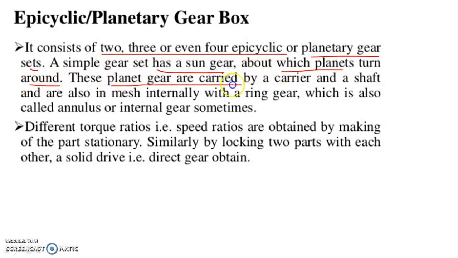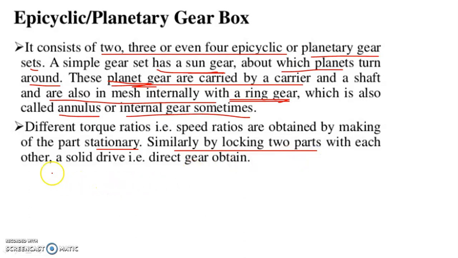These planet gears are carried by a carrier and a shaft, and also enmeshed internally with a ring gear, also called annulus or internal gear sometimes. So the important components are the sun gear, the planet gear, and the ring gear. Different torque ratios, that is speed ratios, are obtained by making some of the parts stationary. Similarly, by locking two parts with each other, a solid drive, that is direct gear, is obtained.